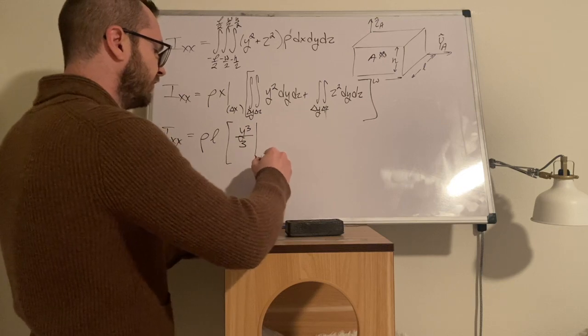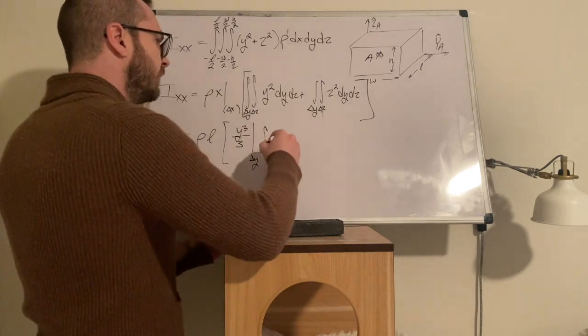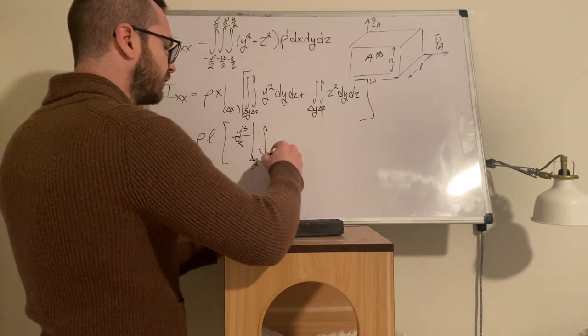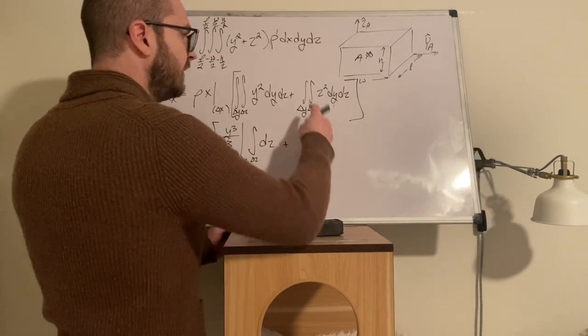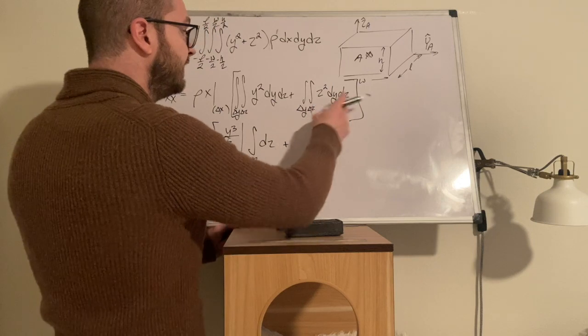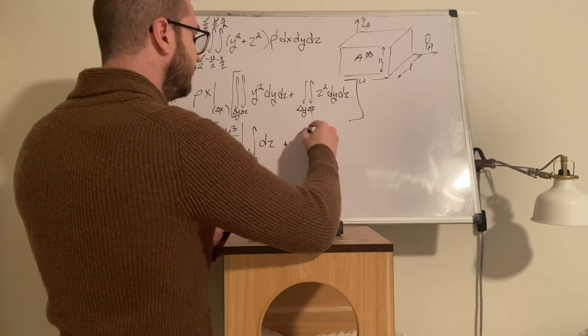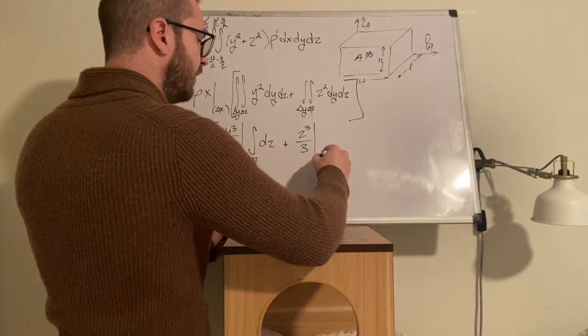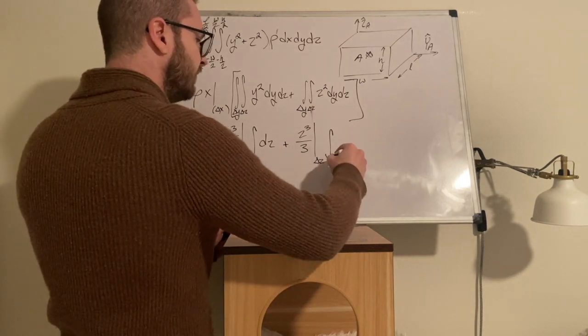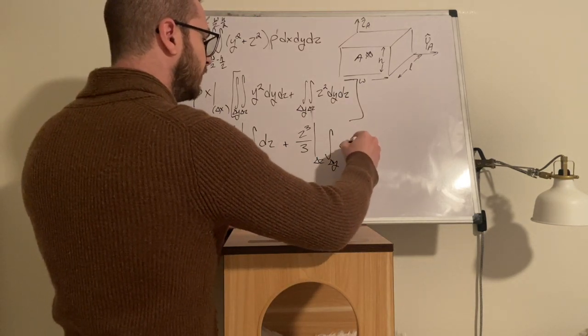So I'm just going to say delta y. And then this is multiplied by this leftover integral of dz plus, let's resolve the dz on this one, so that leaves z cubed over 3 evaluated over those bounds, and then there's the leftover integral dy.